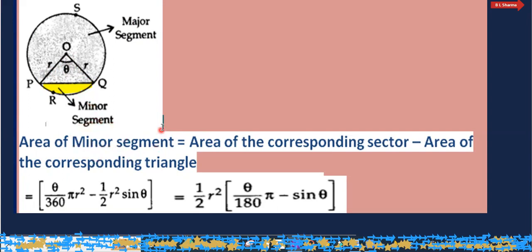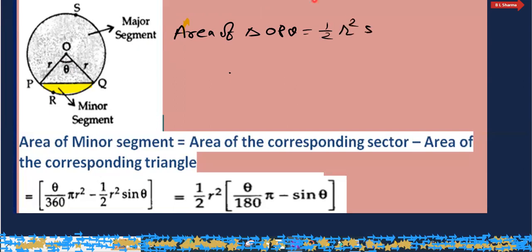अब यहाँ पे हमें area of segment find out करना है। देखिए student, this is the area of segment, that is given by the area of this sector of the circle, means O P R Q. इसमें से हमें ये ट्राइंगल ओ पी क्यू का एरिया कम करना पड़ेगा, लेस करना पड़ेगा, सबट्रैक्ट करना पड़ेगा। दैट इज व्हाई फ्रॉम ट्रिग्नोमेट्री ऑफ 11th क्लास, the area of triangle OPQ is given by 1/2 r square sine theta.